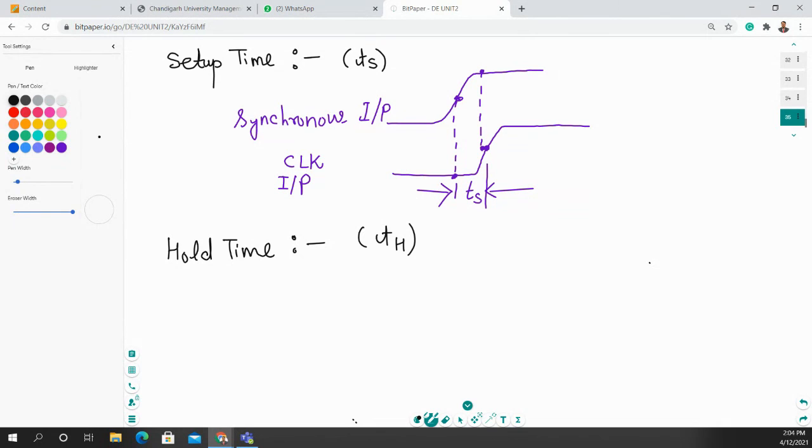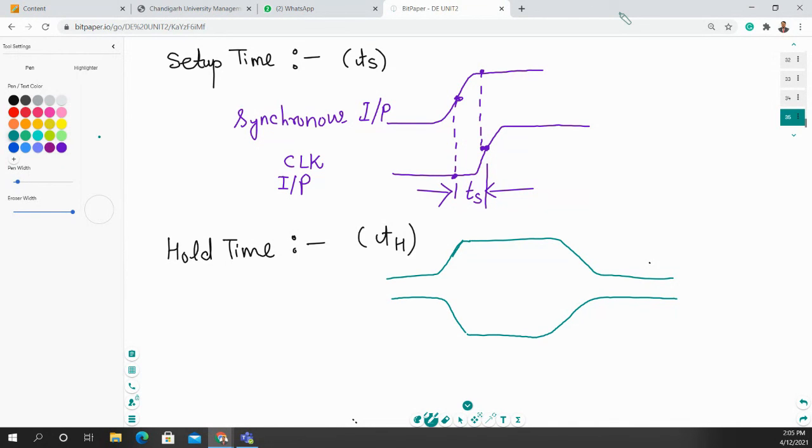So you have to provide the synchronous input, and that synchronous level you have to maintain for a long period of time. It is high, and now you are changing it to the low position, and initially it is in the low, and you are changing it to the high position.